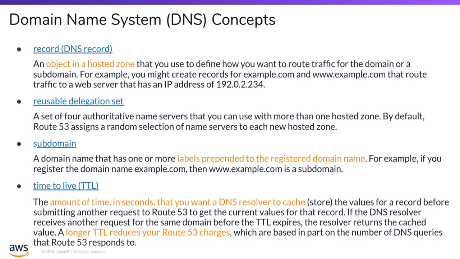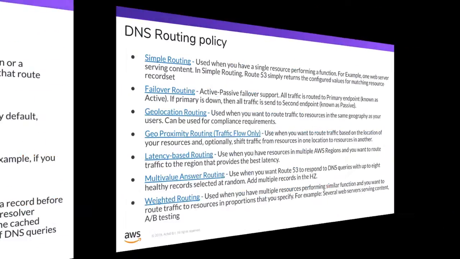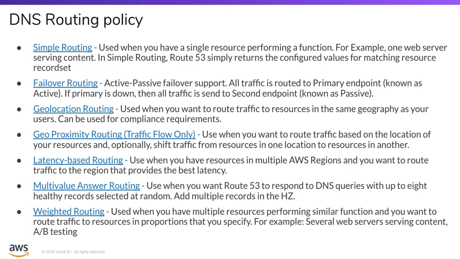A longer time to live reduces your Route 53 charges, because the number of times that Route 53 has to be contacted for the domain IP mapping would be less, so it would save you some cost. Usually it would be somewhere around 24 hours.